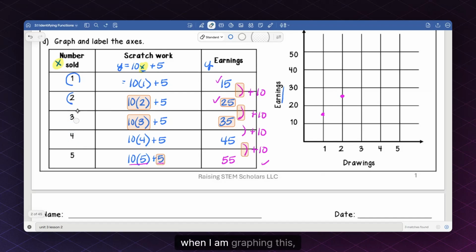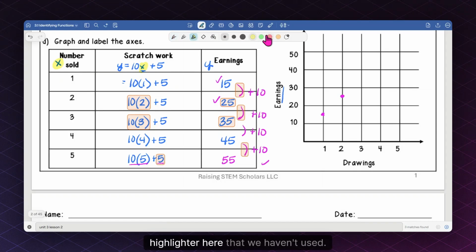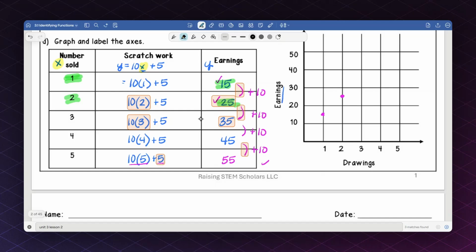I'm just pulling my points from this. Let me grab a highlighter here that we haven't used. So I'm just grabbing 1 and 15. Okay, and then 2 and 25. Then 3 and 35.